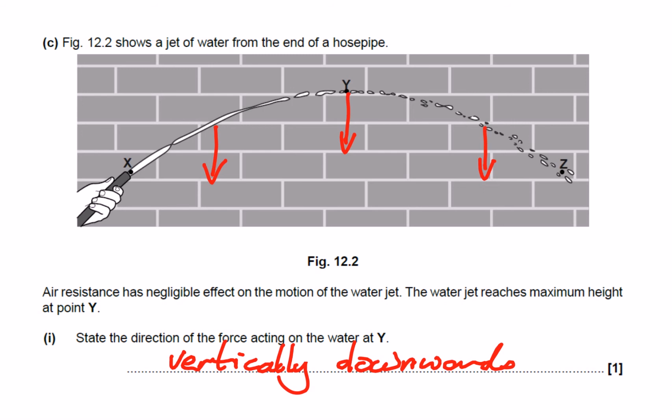Let's go to green. At point X, the velocity vector is pointing upwards of the vertical component. At Y, which is the maximum height, there is no vertical velocity vector, and at point Z, the velocity is now going to be acting in the downwards direction.